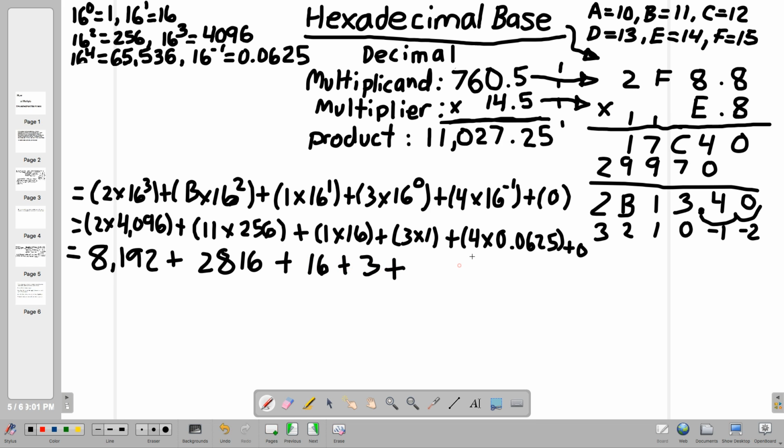And then 4 times 0.0625. That comes out to be the value 0.25. And then, of course, we have the 0 on the end. And so our final computation, 8,192 plus 2,816 plus 16 plus 3 plus 0.25 comes out to be 11,027.25.